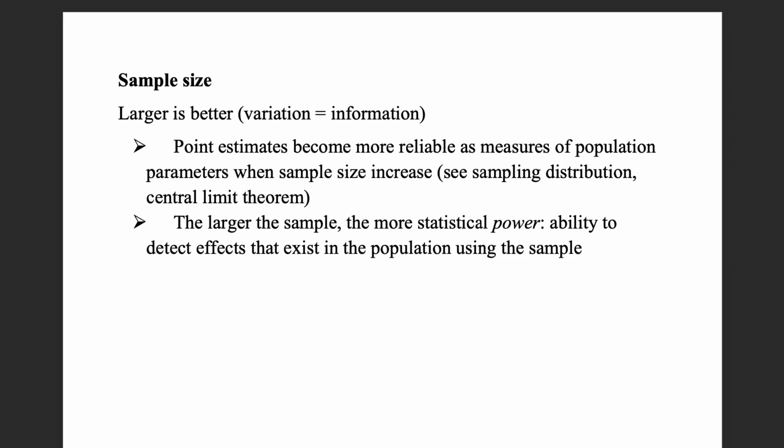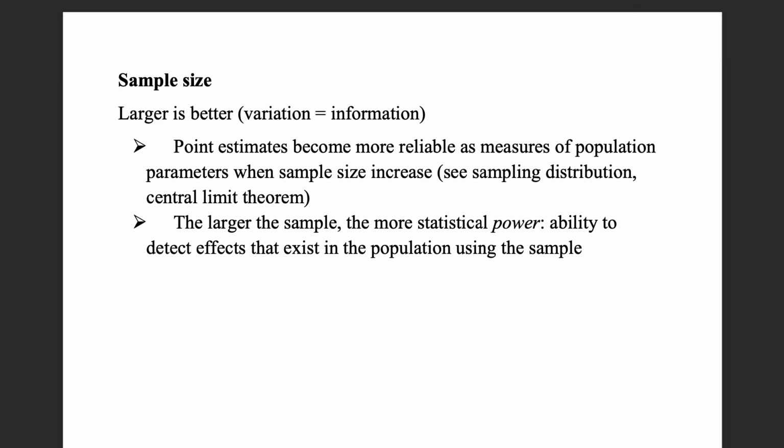So basically, the larger our sample is, the more likely it is that we do find the effects in our sample that are actually there in the population. So larger sample means more statistical power. Basically, finding smaller p-values, and so having a bigger chance of rejecting your null hypothesis when you actually should be rejecting your null hypothesis, because there really is an effect in the population. So that's the idea of statistical power. And more observations just means more statistical power.